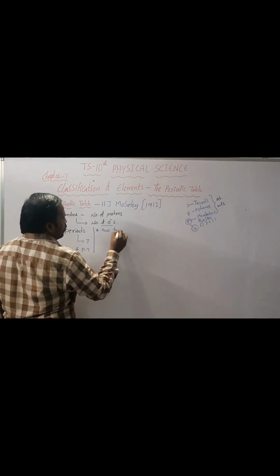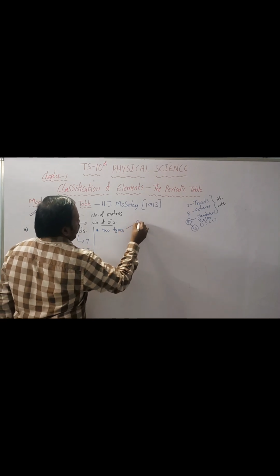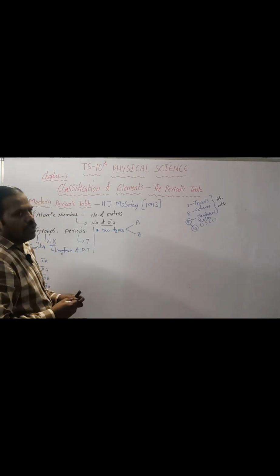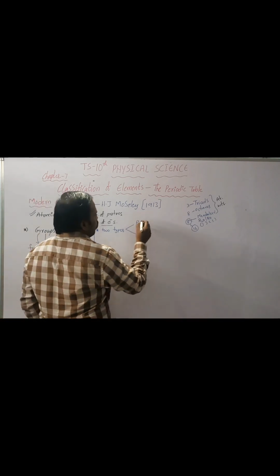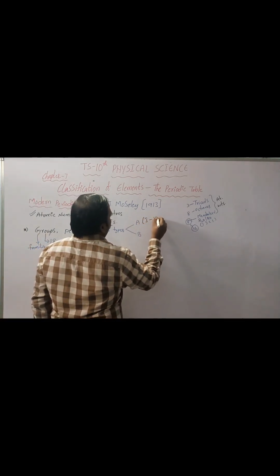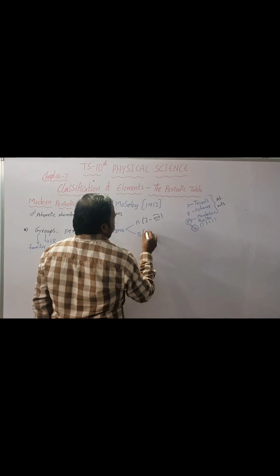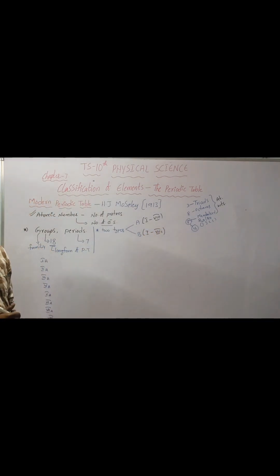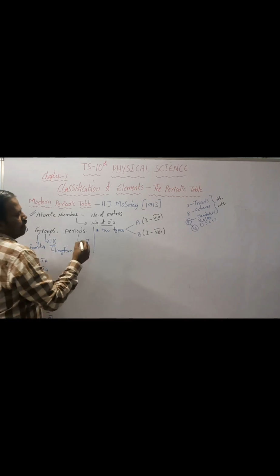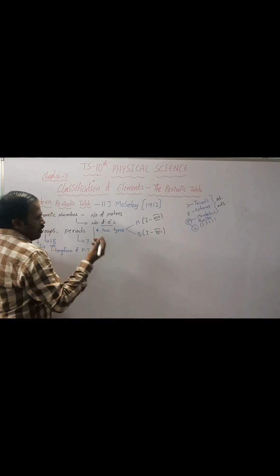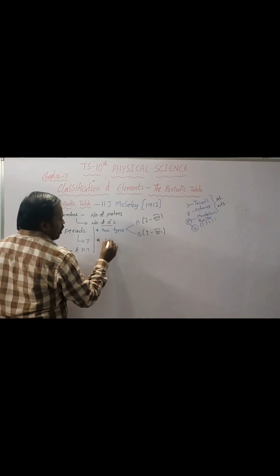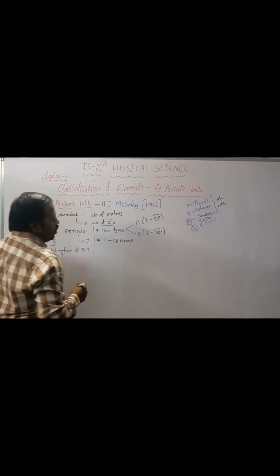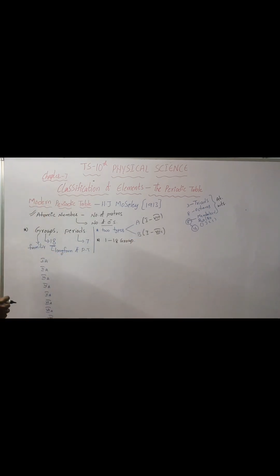Those are A type and B type. Each type has 8 groups, numbered with Roman numerals 1 to 8. And in Arabic numbers, it is 1 to 18 groups. He gave the classification as 1 to 18 groups, right?